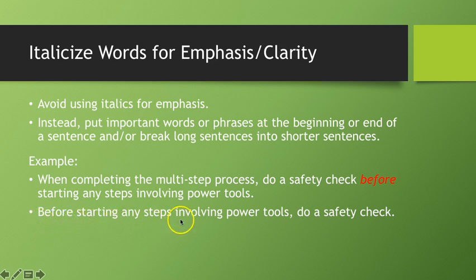Before starting any steps involving power tools, do a safety check. And that is just considered clear to the reader, and the emphasis is at the beginning, so it's easier for the reader to pick up. Shorter sentence, easier to understand and not get lost, etc.